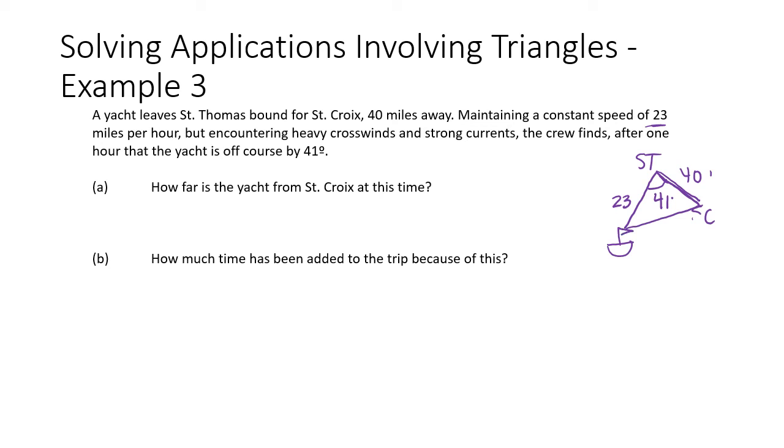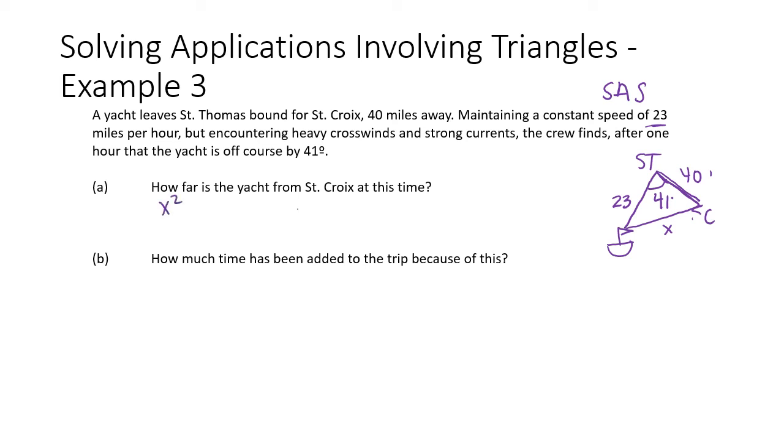There's my yacht. So I'm solving for this right here. All right, so we've got a side, angle, side triangle. When I have that, that's a law of cosines. So let's figure that out. We'll call that x.